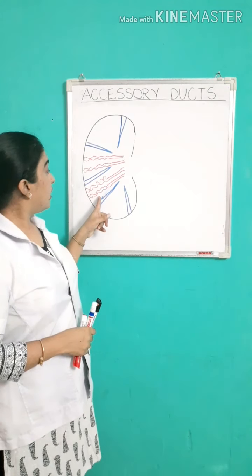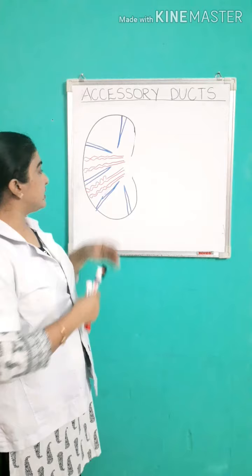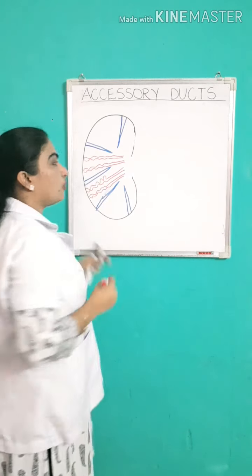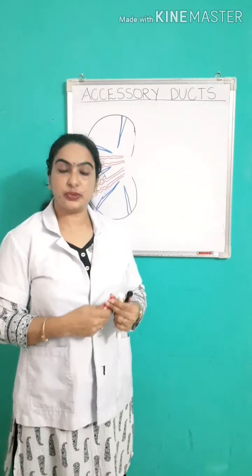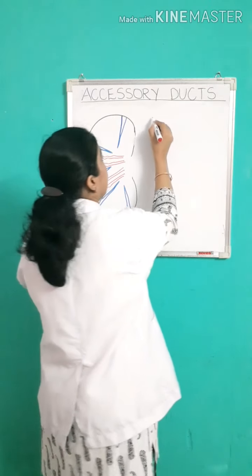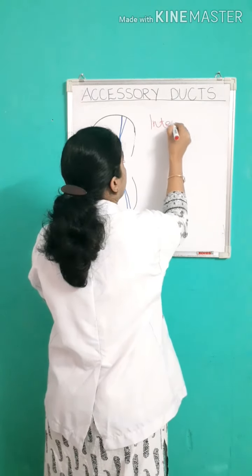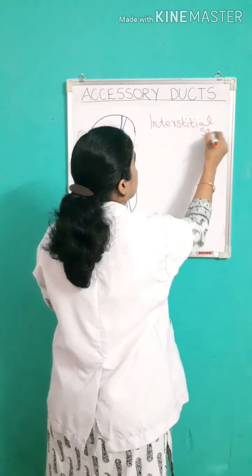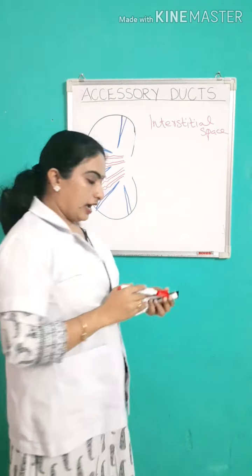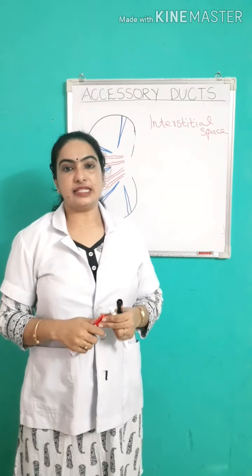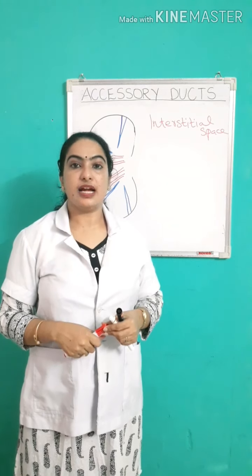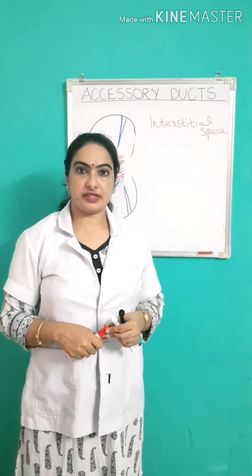But the space outside the seminiferous tubule is known as interstitial space, and this interstitial space consists of capillaries, nerve fibers, glandular cells, etc.